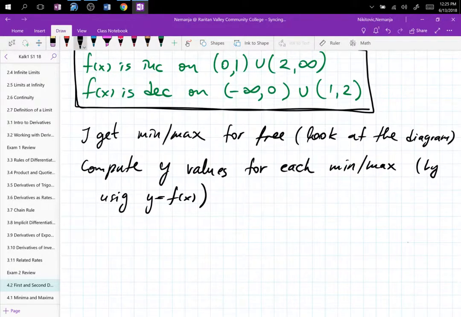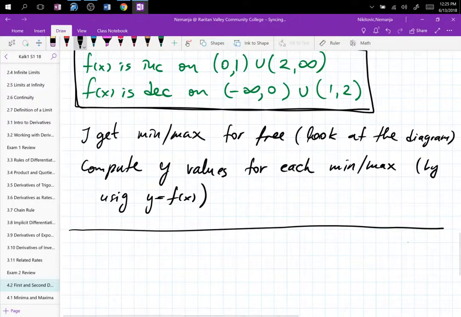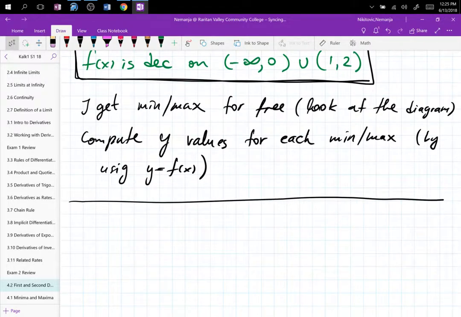Let's do another example. Guys, the best part of this lecture is when we go to the second derivative test. It is exactly the same calculation, just off of the second derivative. You set the second derivative equal to 0, and instead of calculating critical points, you'll be finding inflection points.